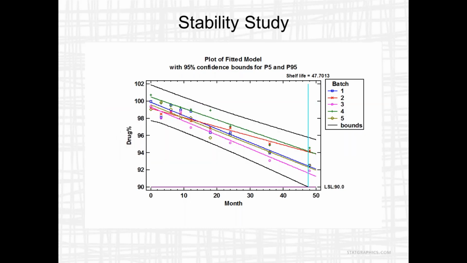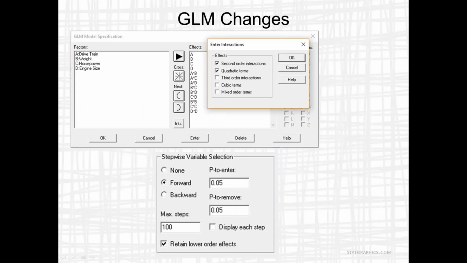Okay. I said we made a few changes to the general linear models procedure. One of the things, and I wanted to do this for quite a while, was to make it easy to enter interactions. If you're familiar with how that GLM model is specified in version 18, if you wanted interactions, you'd have to type them all in.